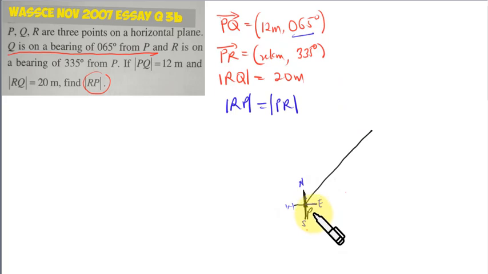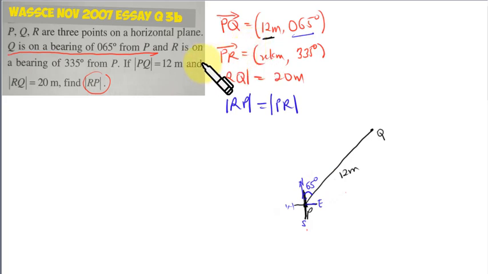So I move from P to Q. So that is the point Q. And I'm told that the distance from P to Q is 12 meters. So here is 12 meters. And I'm also told that the bearing of Q from P, that is the angle here, is 65 degrees. So I have 65 here. This is the first thing I have to do here.